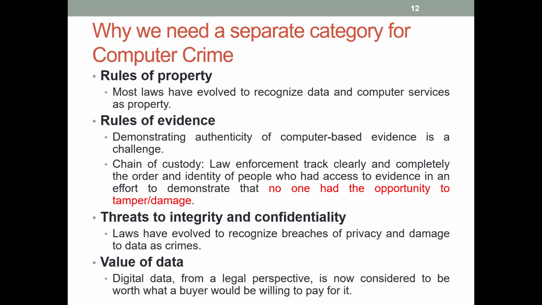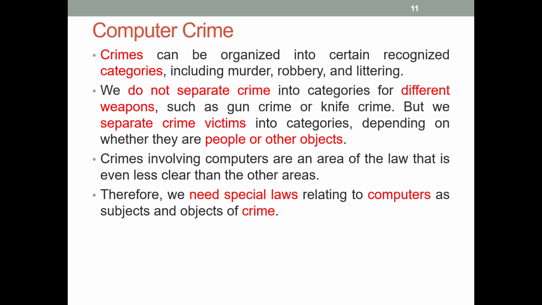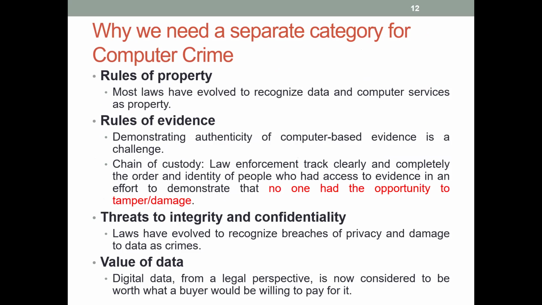Before moving to those laws, we will look at something. Now they're explaining why we need a separate category for computer crimes. Previously, we considered criminal activities as the same, but nowadays we are separately maintaining a branch, the cyber security branch, to deal with these types of electronic criminal activities.